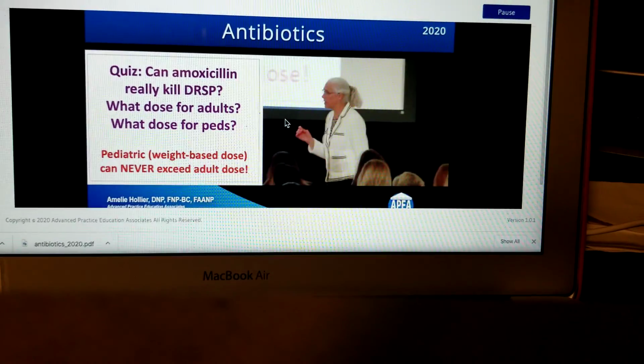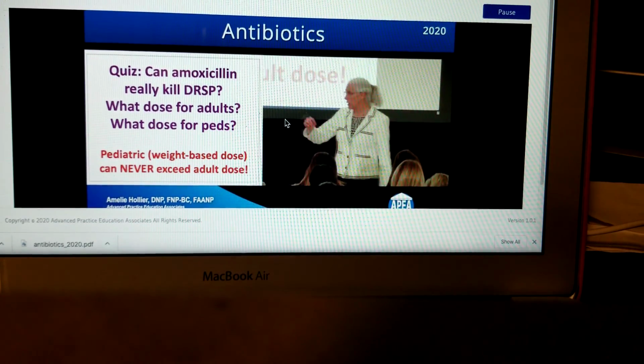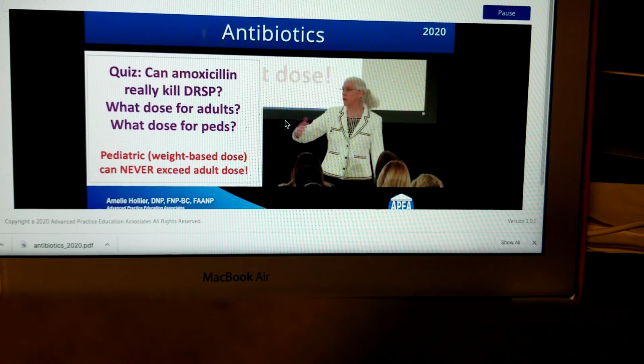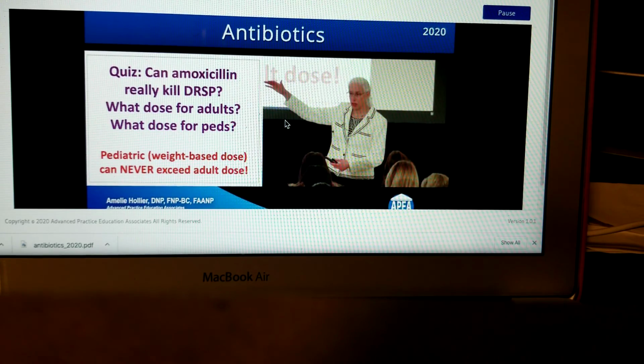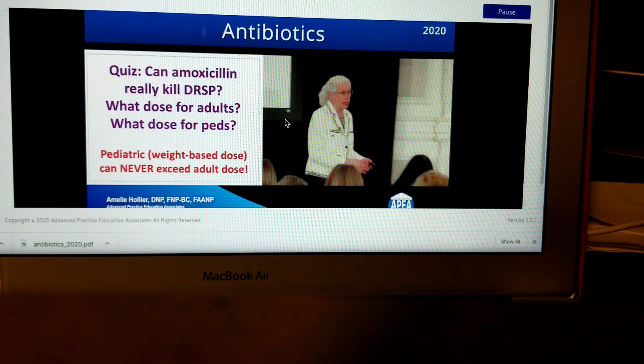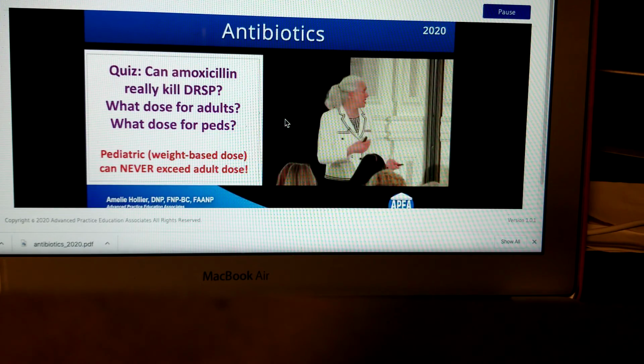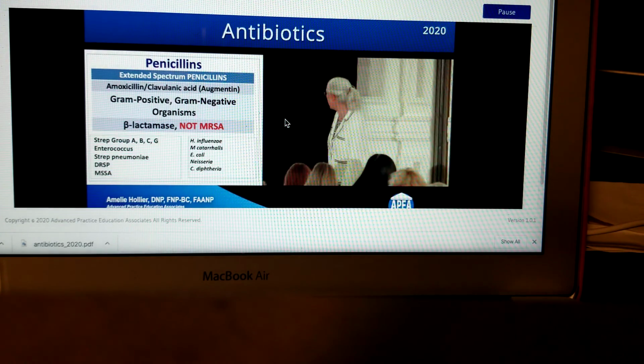And there's a caveat. When you calculate that dosage, you never give a kid more than an adult dosage, right? So a gram 3 times a day would be the most you would give a kid. But really, it's an inexpensive way to treat a very bad bug called strep pneumo. You got it? All right.